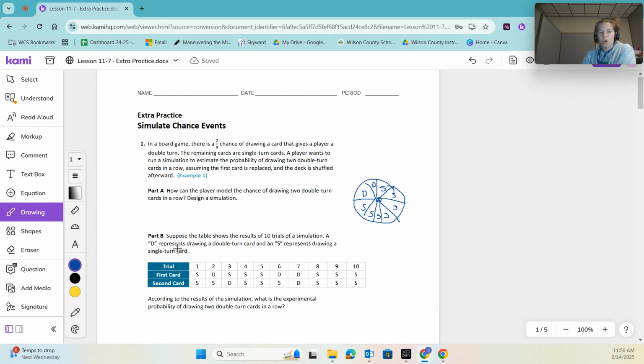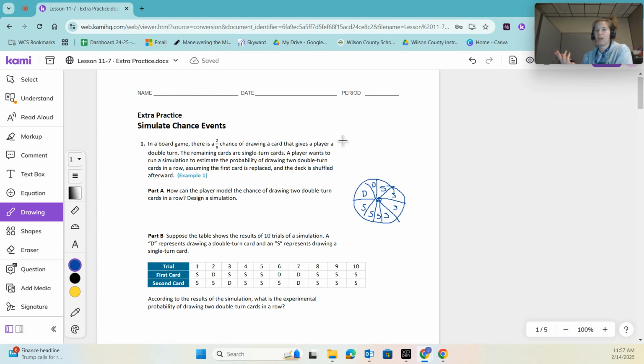Part B creates their simulation and they run it through with 10 trial runs. It says, suppose the table shows the result of 10 trial runs. Now, the theoretical probability is 2 out of 9. That means in theory, if you drew a card 9 times, twice you would get a D or a double turn card, and the rest of the time you would get a single turn card.